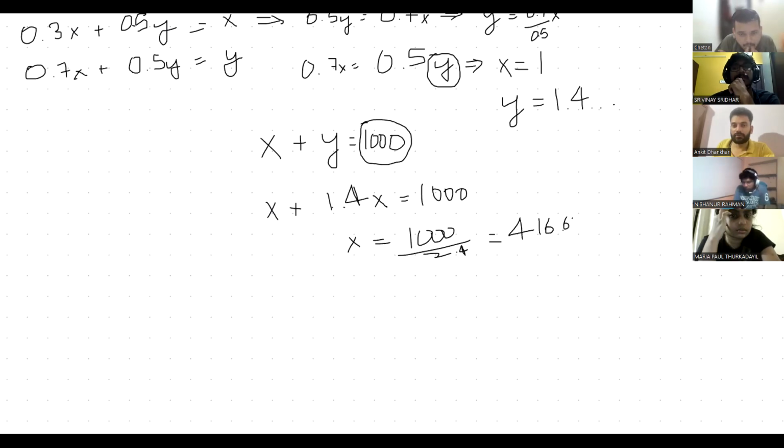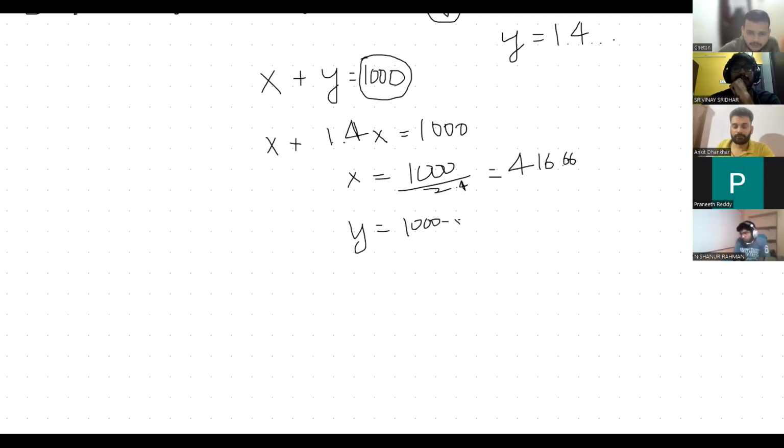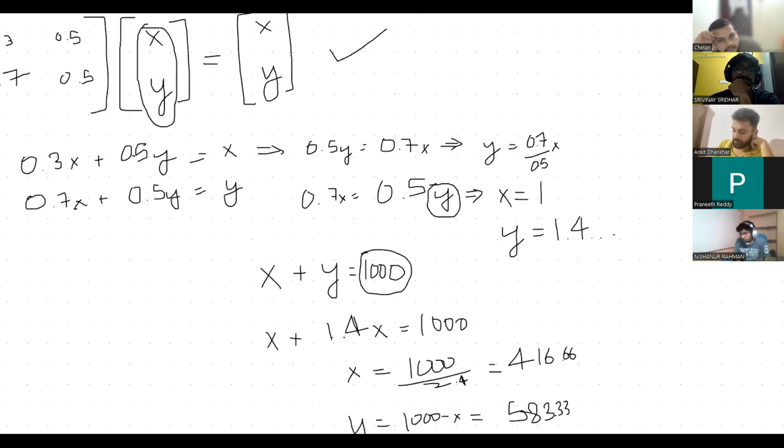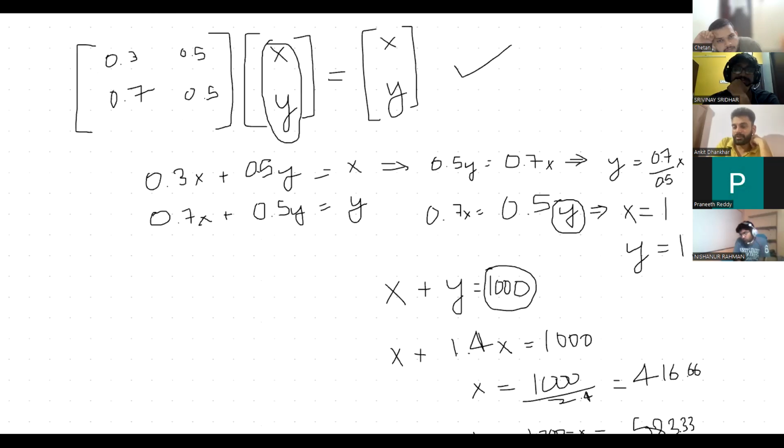And the value of y which I got is 583.33, since y is equal to 1000 minus x, so 583.33. And if you note one more thing, if we take their multiple also, then the input and output are the same.